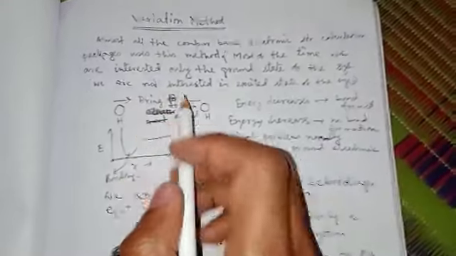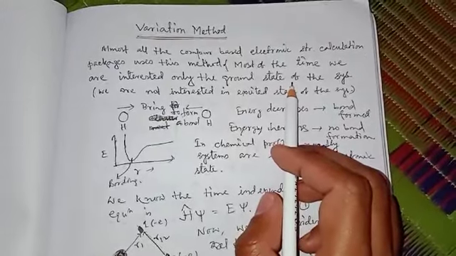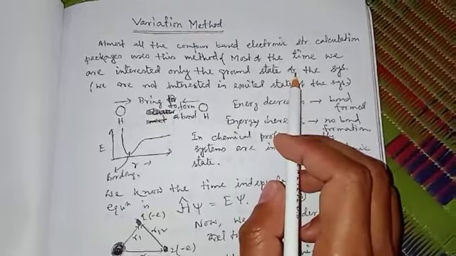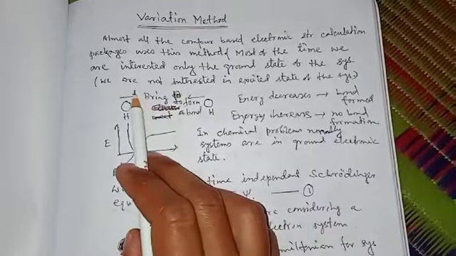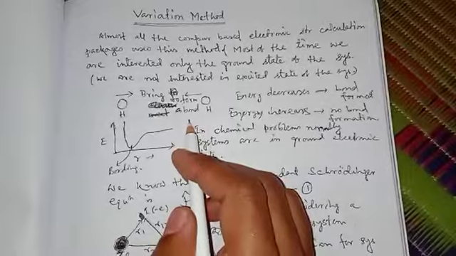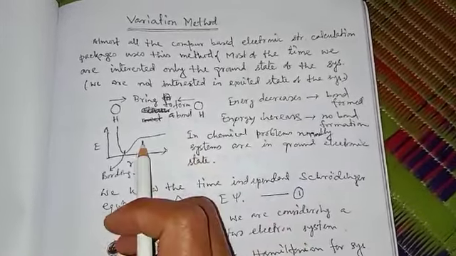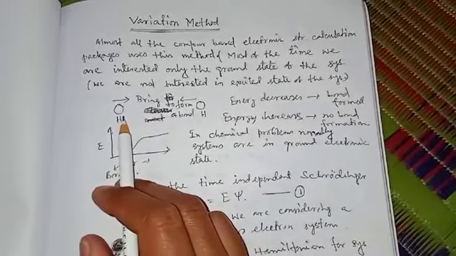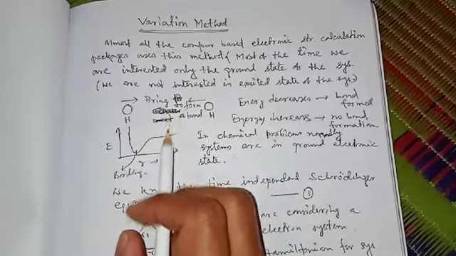As a chemist, we are mostly interested in the ground state of the system, and we very often deal with the ground state, and rarely use excited states to study. But what happens when two atoms form a bond and make a molecule?